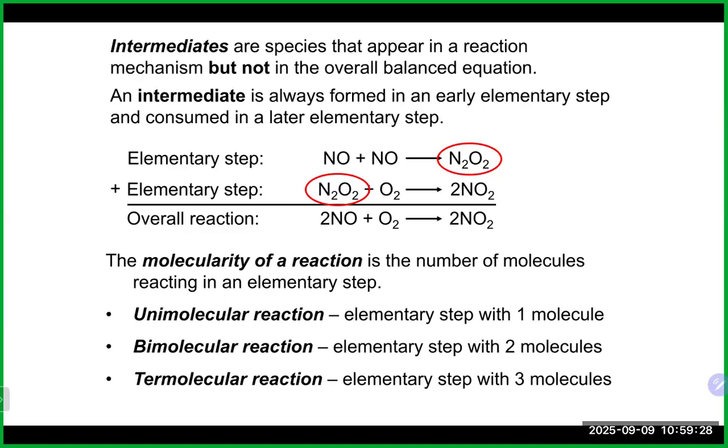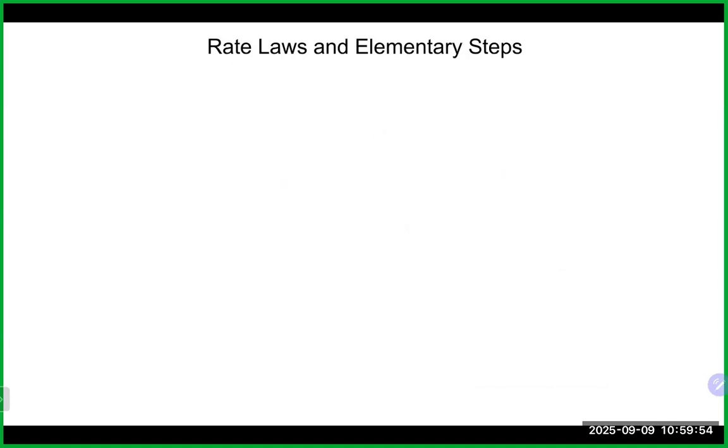As we talked about earlier, you usually don't see 4, 5, 6, 7 reactants at once reacting, right? So 1, 2, possibly 3 are the very common ones that we see. So both of these would be bimolecular, as there are two reactant molecules in each of those steps on the left-hand side of the arrow.